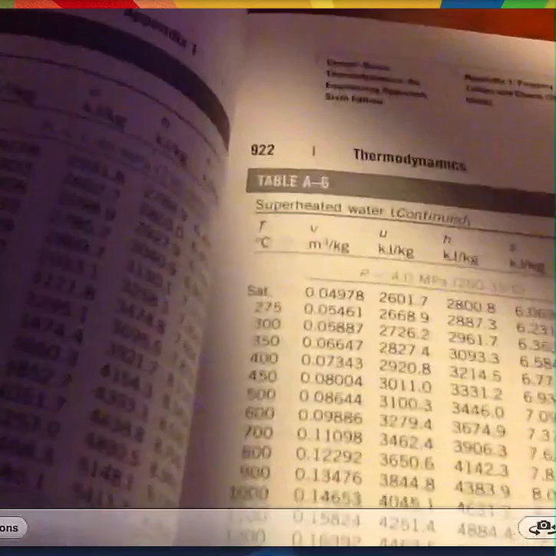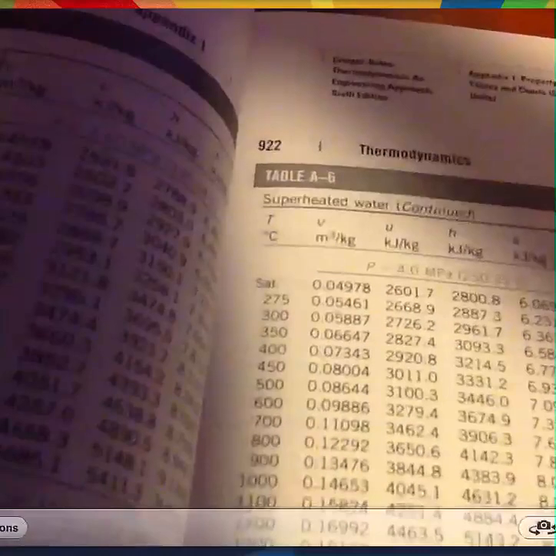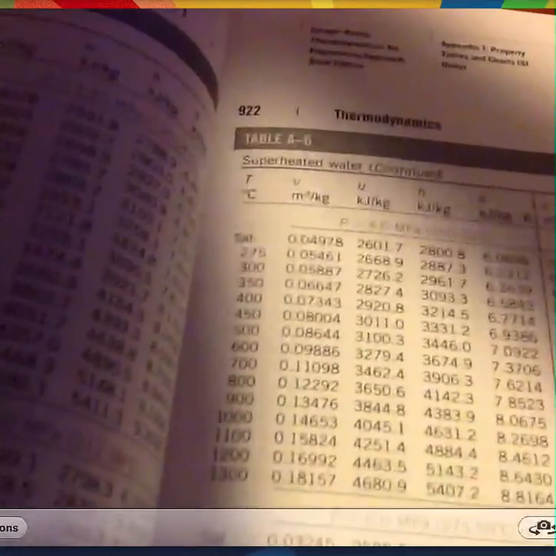If I do this such that the iPad doesn't cover up the light, you can see first of all that I'm in table A6, superheated water table, and there you see the pressure subtable for 4,000 kPa, 4 megapascals.